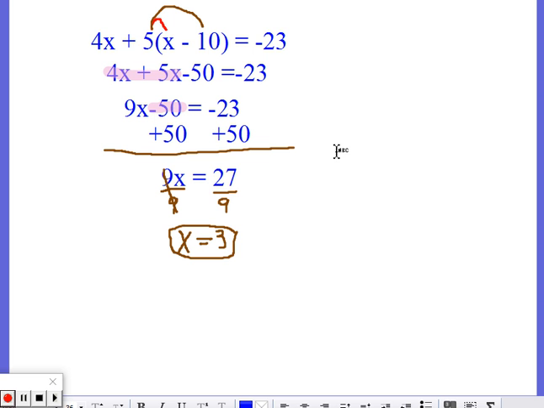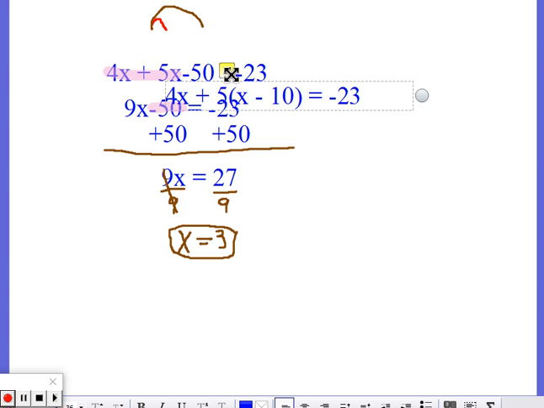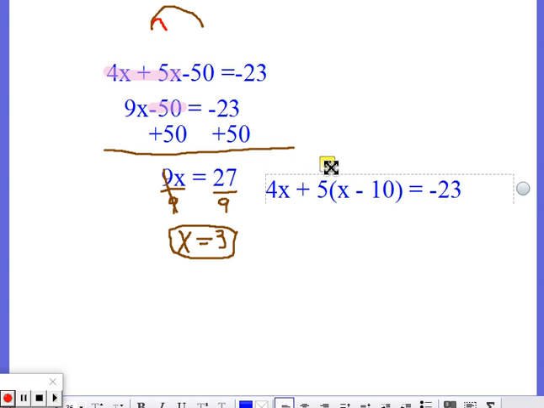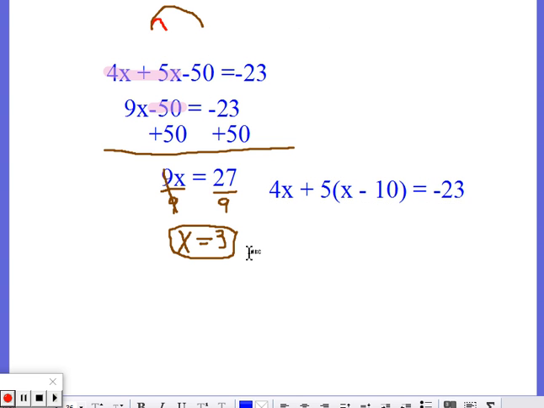Okay, the original equation. This is the original equation, right? I'm going to put it over here. I know, it looks like magic, but you can rewrite it. So now, instead of x, I'm going to use 3. I'm going to rewrite the whole thing right here. So 4 times 3.